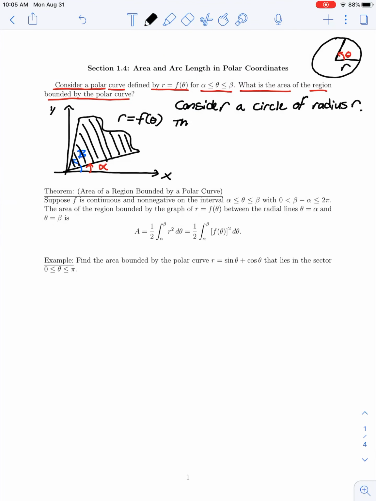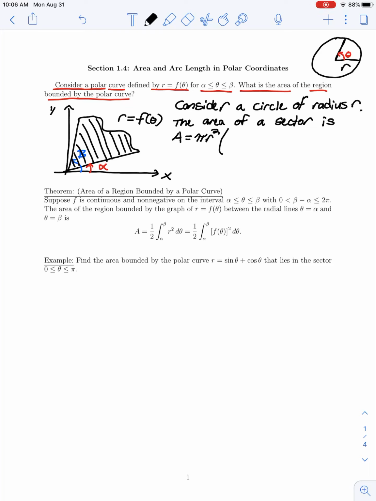So we can say the area of a sector is given by taking the area of the entire circle, which we know would be pi r squared, and then multiplying by a ratio, which would represent the portion of the circle traced out by that angle measure theta.